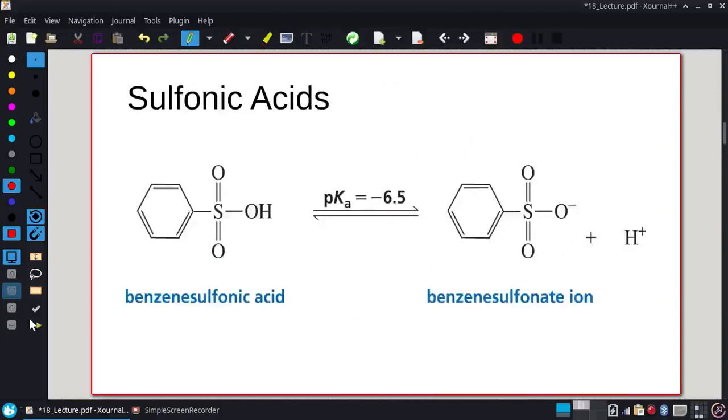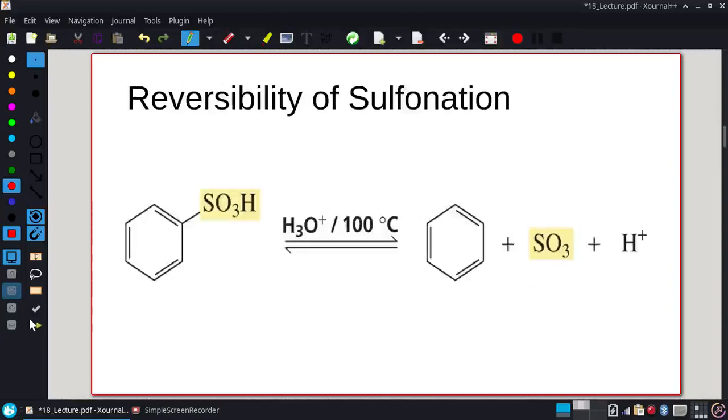There's that. Alright. Now, sulfonic acids get used simply because they are very, very strong acids, and they leave us with nice, big, bulky nucleophilic groups that actually can't do backside attacks to much of anything. So, alright. And it's a reversible process.